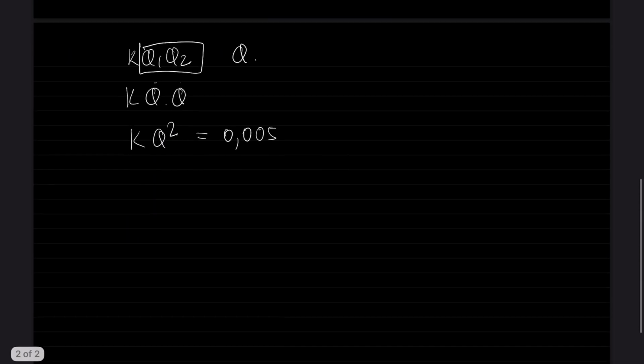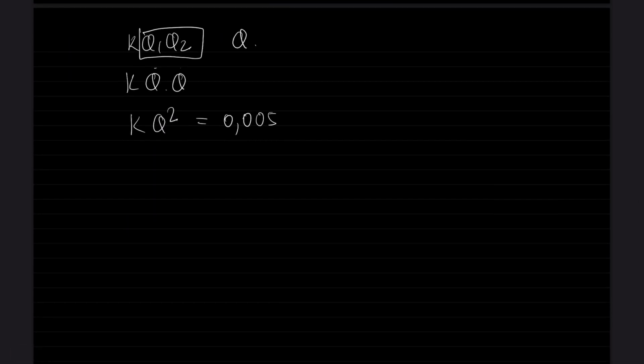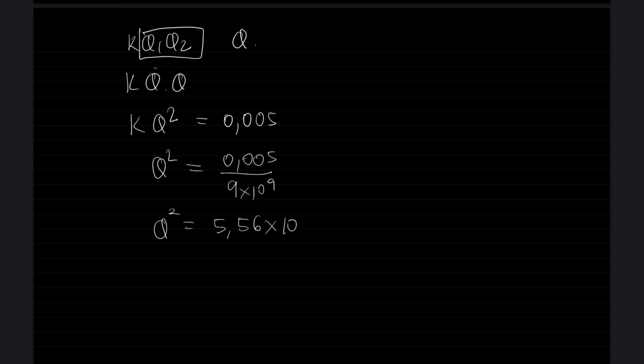And we want Q. So we can divide both sides by K, which is a constant. So Q squared is equal to 0.005 divided by K, which is 9 times 10 to the power 9. And that gives us an answer of Q squared being 5.56 times 10 to the minus 13.